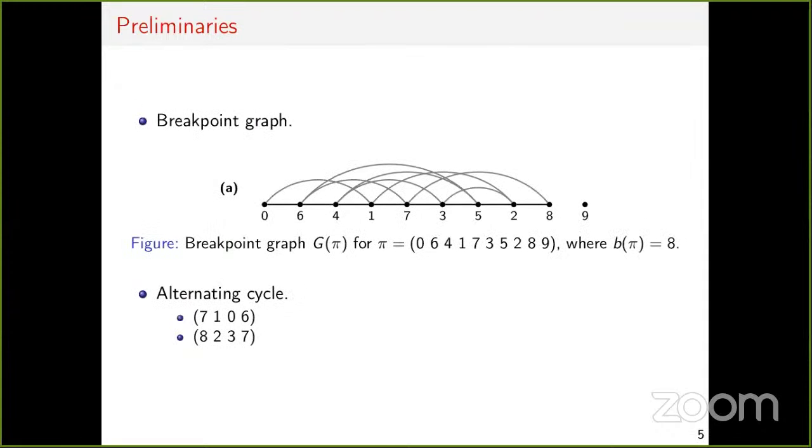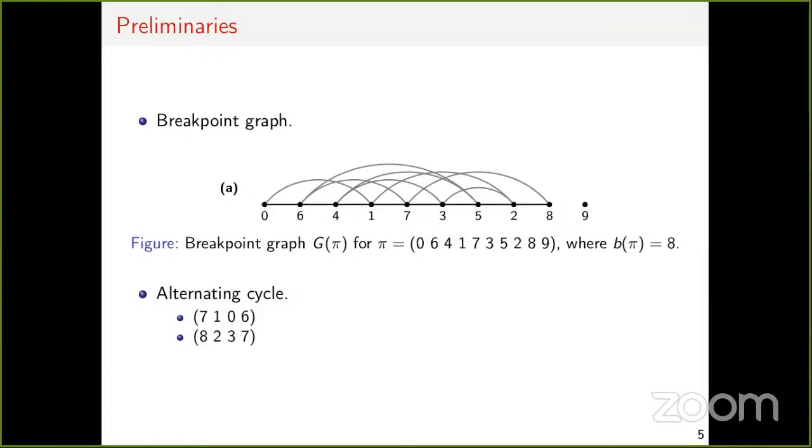So now I introduce the concept of the breakpoint graph, which is a graph where the vertices are the elements of the permutation, and the edge sets are defined by the breakpoints of the permutation.